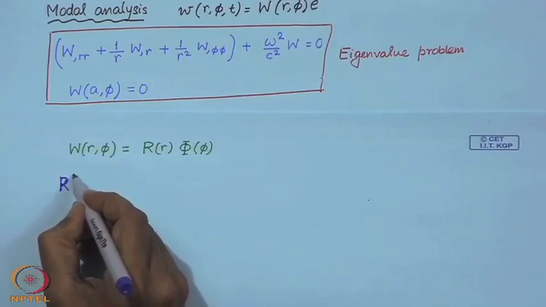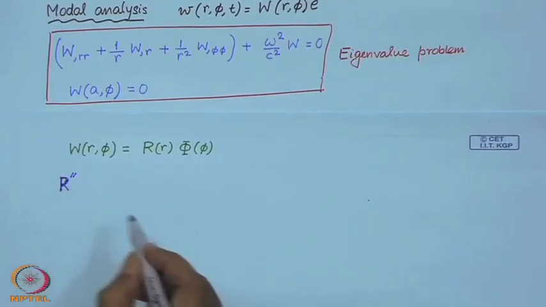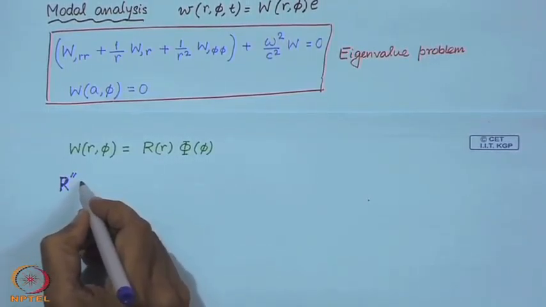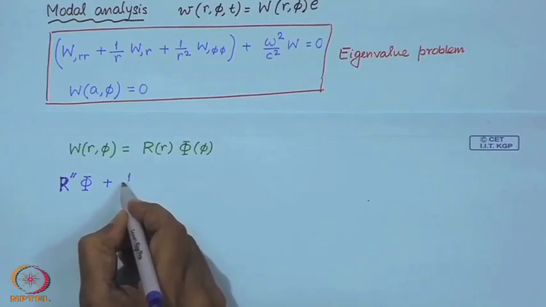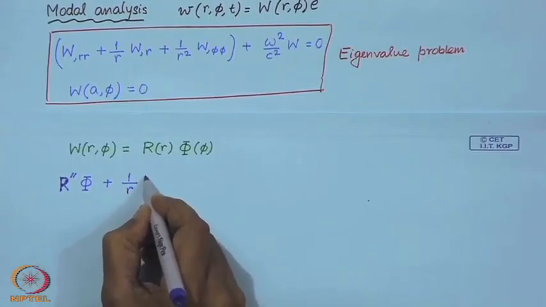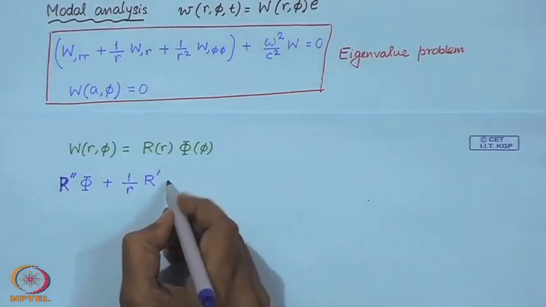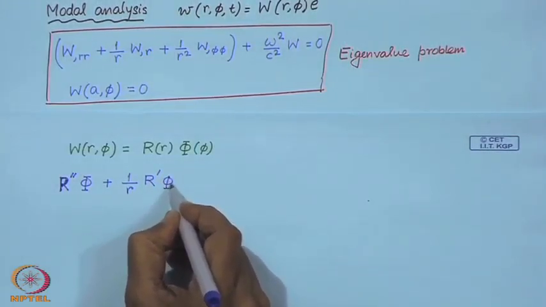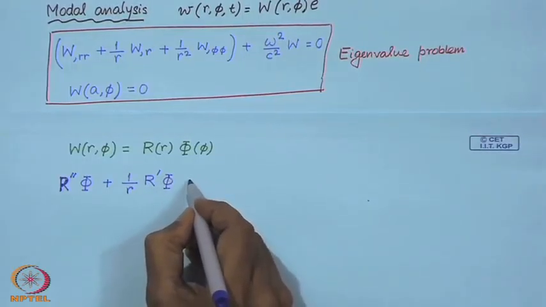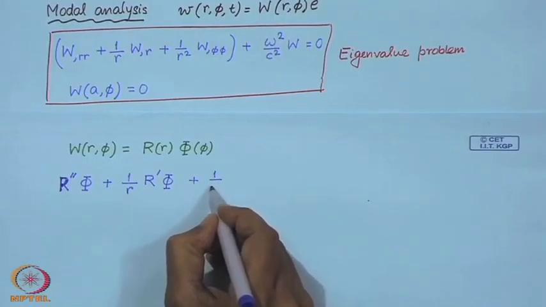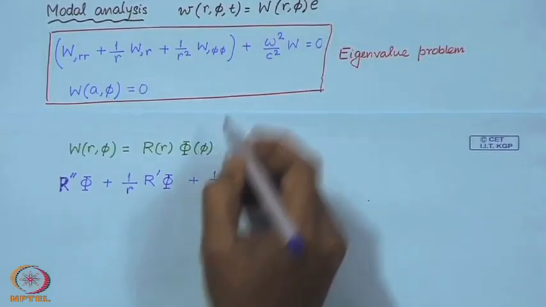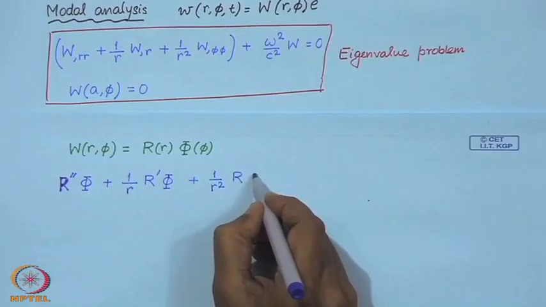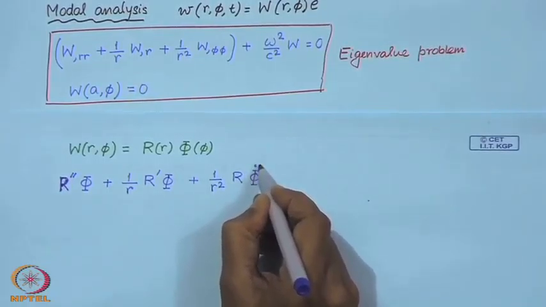Let me indicate the derivative with respect to r with a prime, and the derivative with respect to phi with dots.